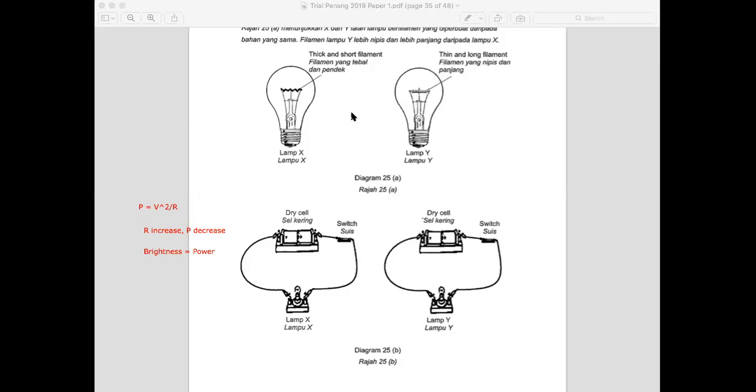So ni sebab figuratively lah kan, sebab dia tak bagi tahu. Bila dia buat comparison the same bulb, tapi kalau kita nak build something for heating, kita nak kumpul heat means we must have higher resistance.